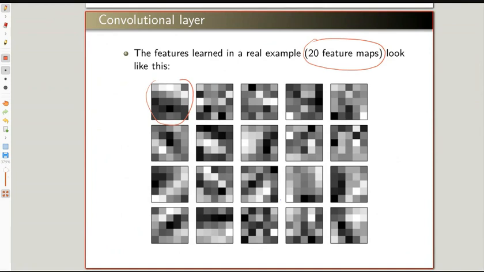If you represent them graphically with a darker color for bigger numbers and a lighter color for smaller numbers, at the end you can visualize the weights learned in an image classification problem.